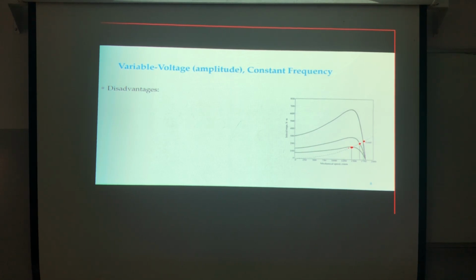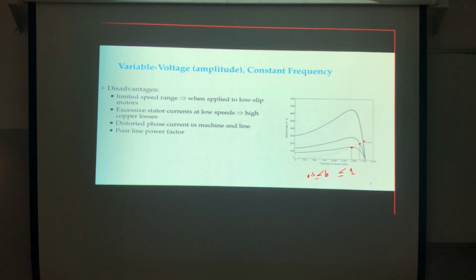In general, it's recommended to have B greater than or equal to 0.5 and less than or equal to 1 in order to have speed control using the stator voltage control.